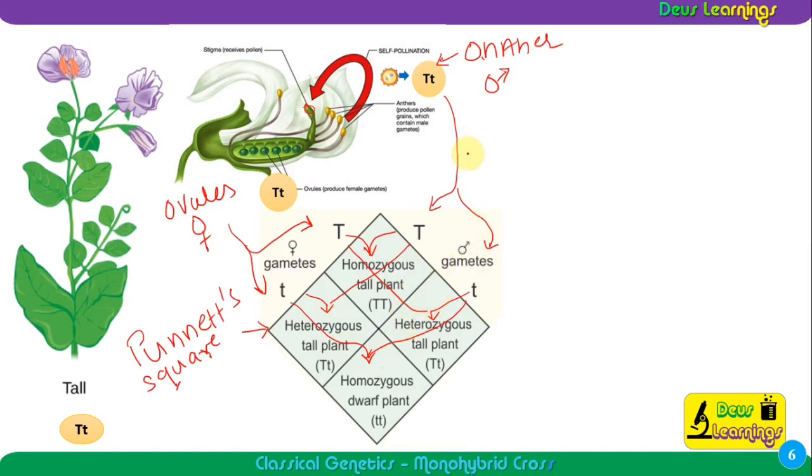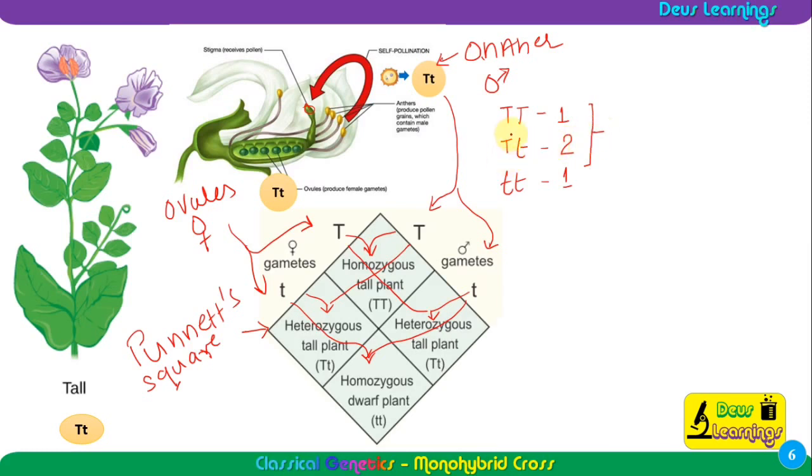Okay, let's check how many kinds of genotype we got. Let's take capital T capital T: how many individuals? 1. Then capital T small t, the heterozygous dominant condition, we got 2. Then small t small t, homozygous recessive condition, 1, right? So what do you think the color of these 3 individuals will be?